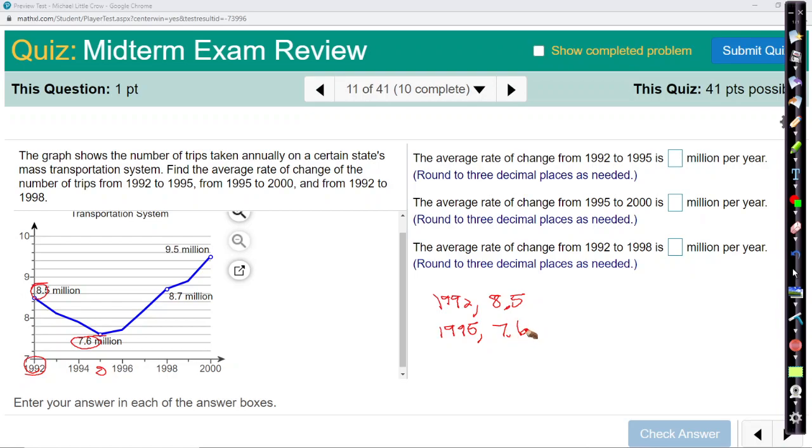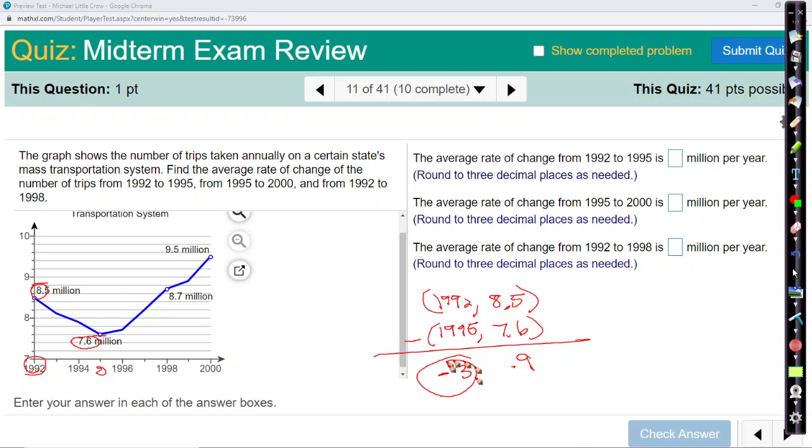7.6. You might see this in some of the videos I did if you watched any of them. I use this technique from ancient India. If you just line up the points and then you subtract, so 1992 minus 1995, well, that's 3. It's going to be negative because 1995 is larger. Then we do 8.5 minus 7.6. Well, that is borrow 1, 15 minus 6 is 9, so 0.9, right?